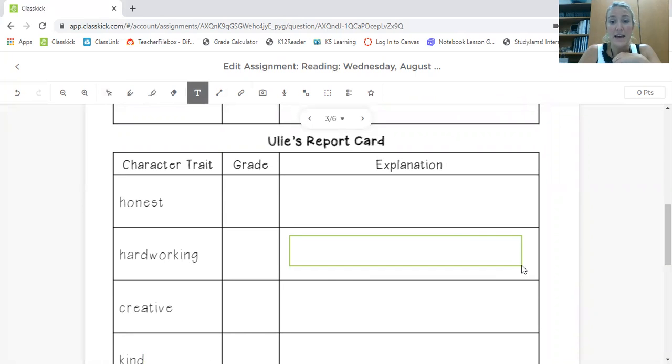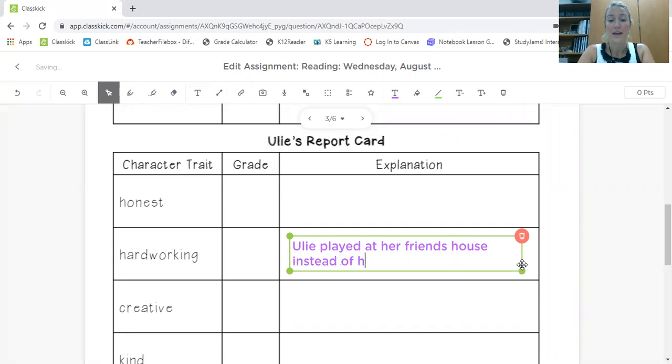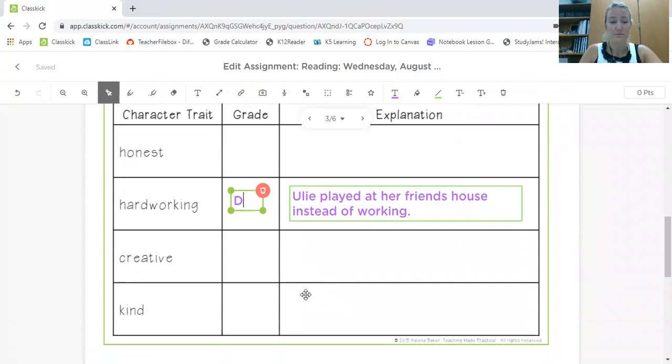So here's my evidence. Yuli played at her friend's house instead of working. And I think she probably gets a D or an F because she did not work very hard during the day while her mom was gone.